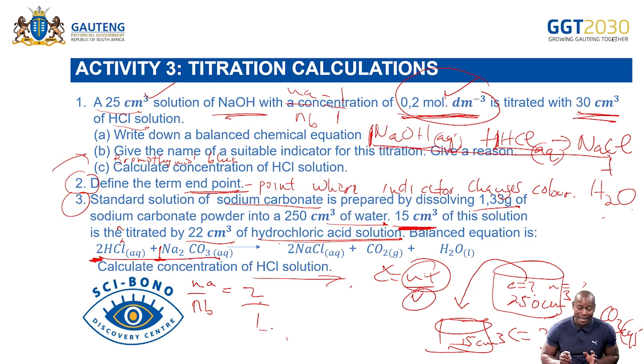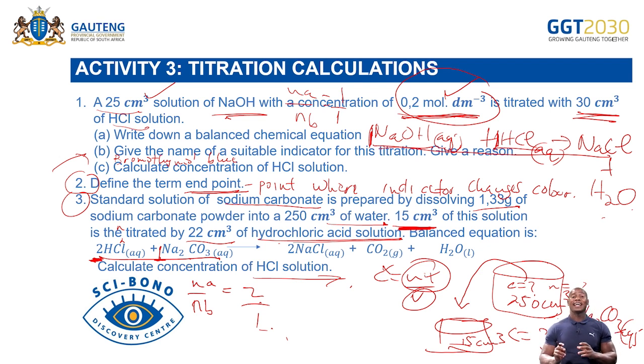But this applies to the equation CaVa over CbVb equals Na over Nb. That Na over Nb is the ratio of the number of moles of an acid to a base from the balanced equation. I hope I've answered your question.